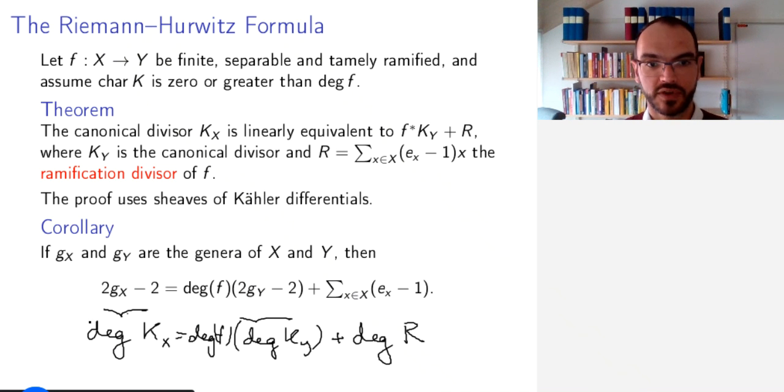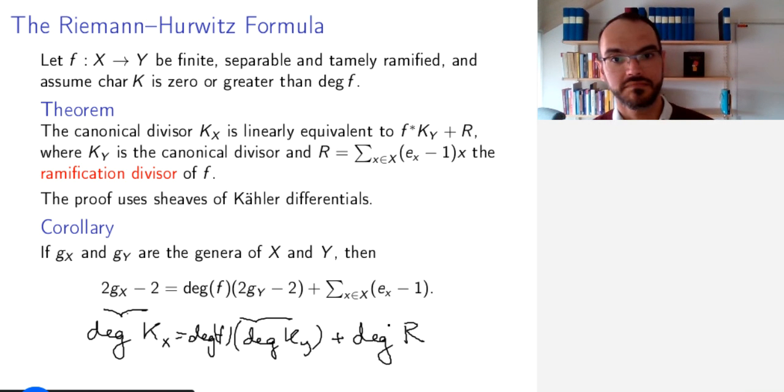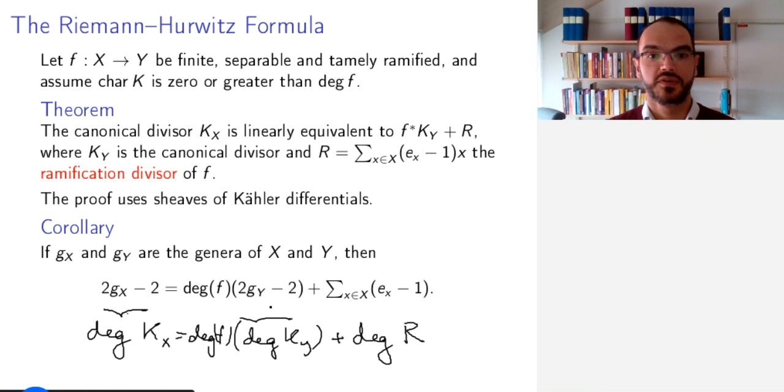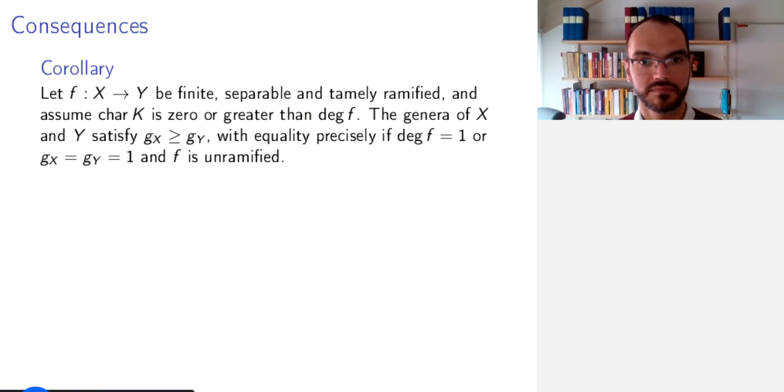Well, look at this formula and solve for the genus of x. Then you will find that it is some positive multiple of the genus of y plus some positive number. So this will indeed show that the genus is greater than the other genus. And by looking at the difference, you can see when this is an equality. I leave the details to you.